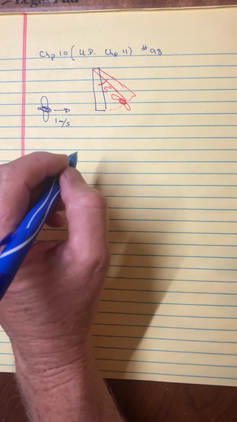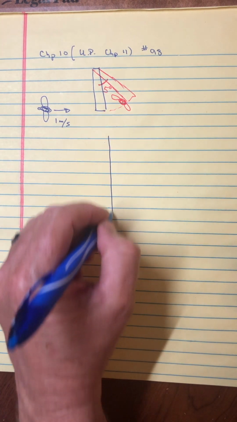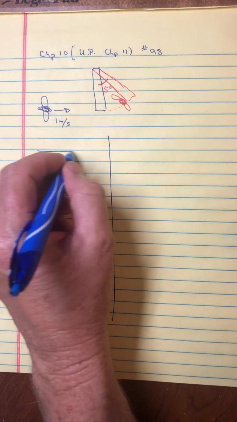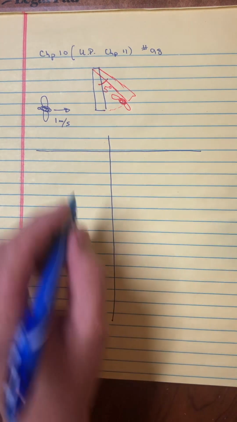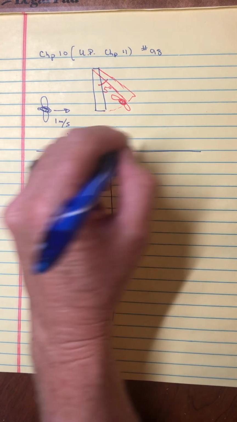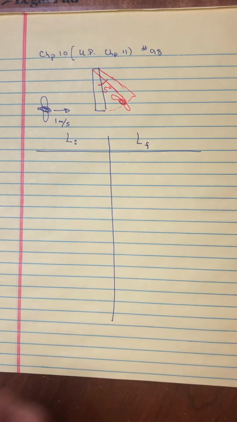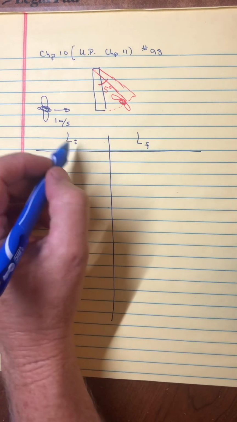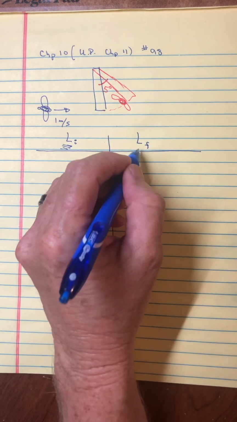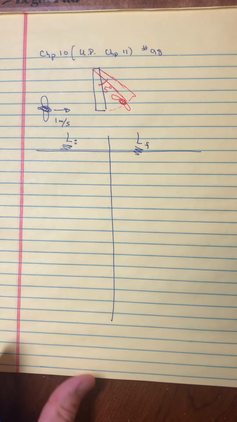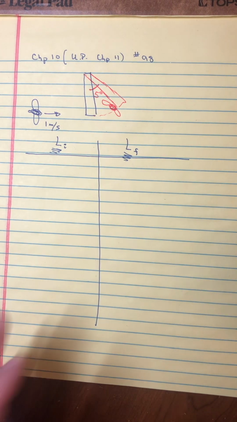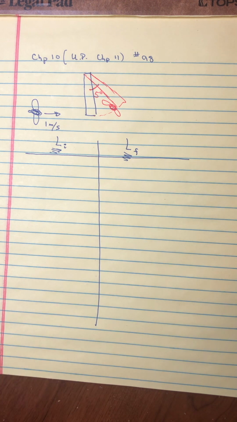So I'm going to make a little chart, as you've seen me do quite a few times. In this case, the initial angular momentum and the final angular momentum are the same. So my focus is going to be on angular momentum, not on linear momentum.